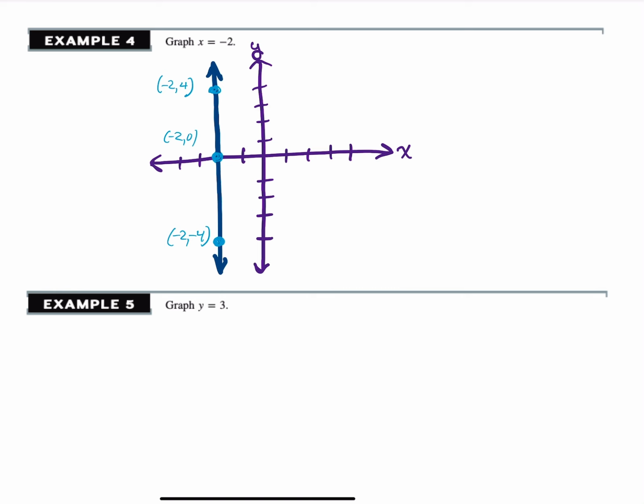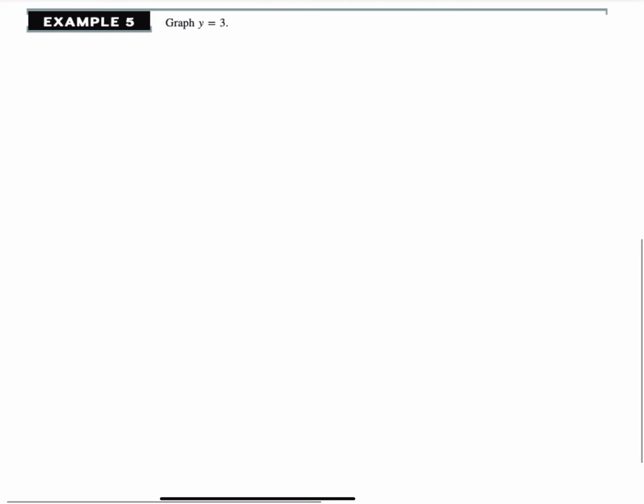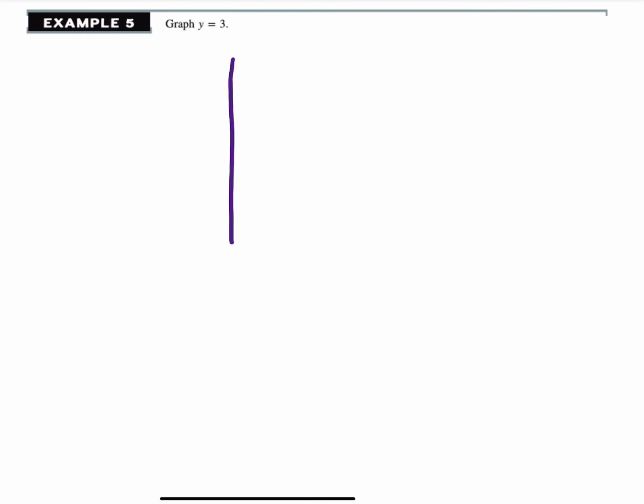And we can make a similar argument for a horizontal line. Y equals 3. Let's build another graph. Now we have y is equal to 3.